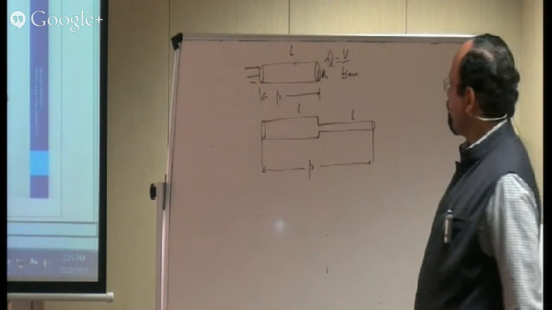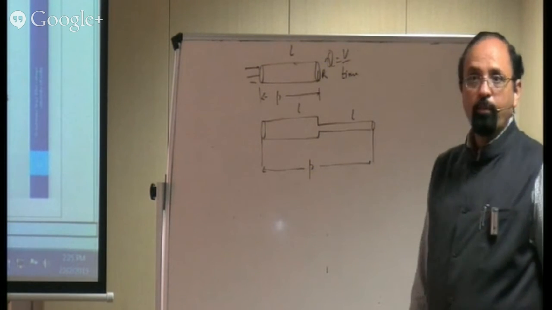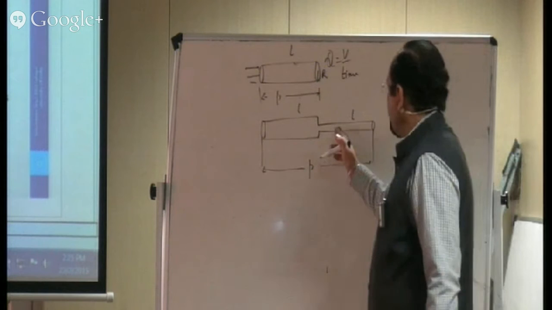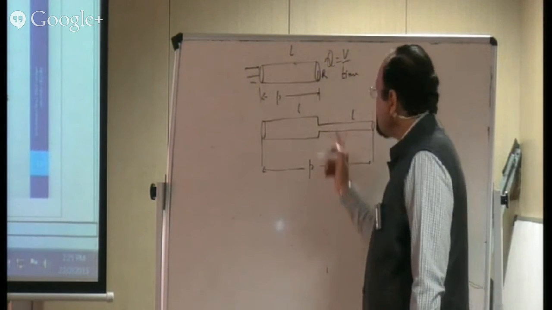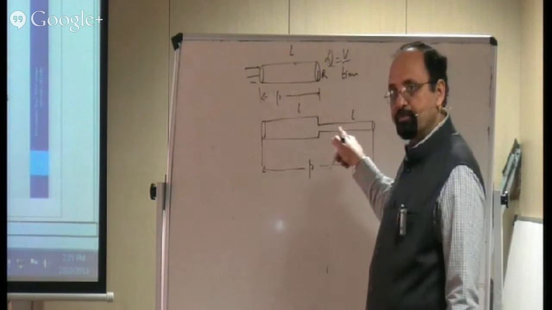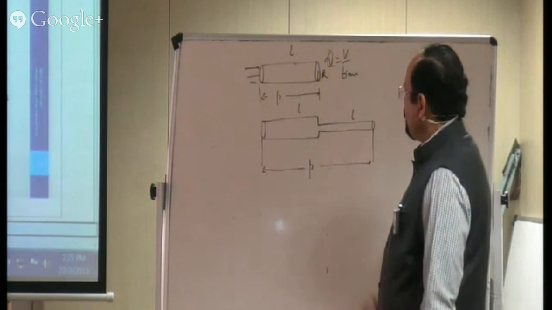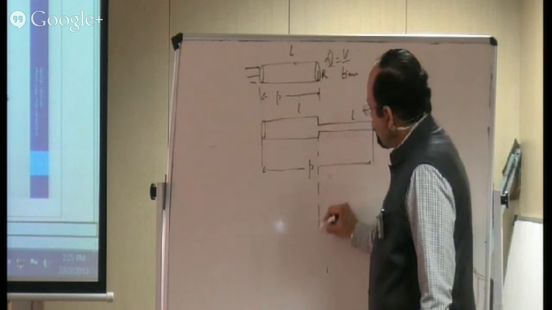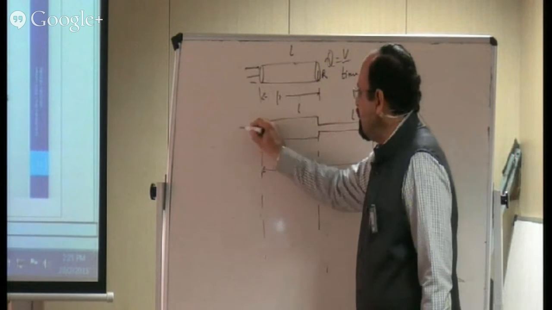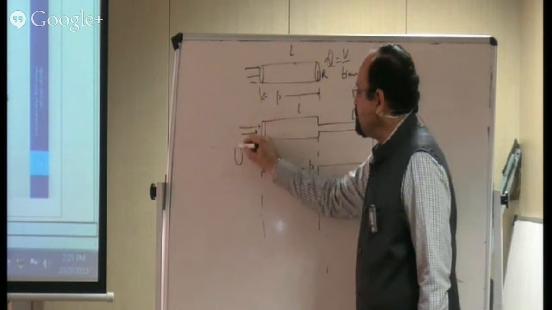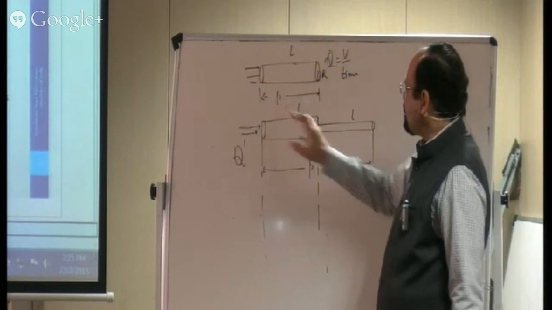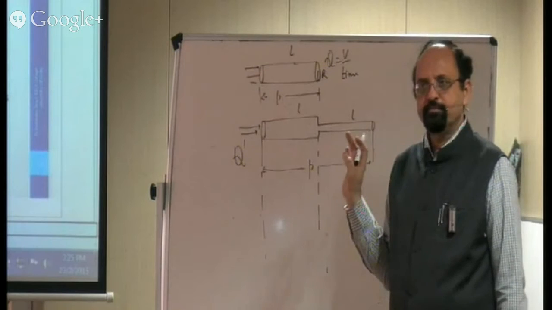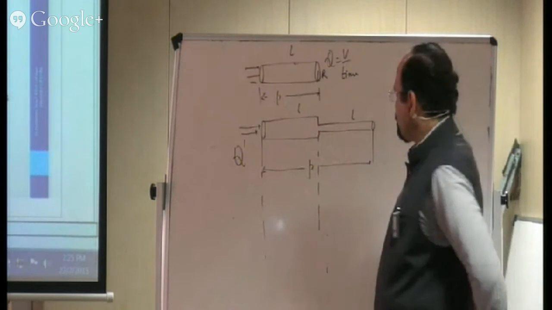How to handle it? I cannot go blindly on what is the radius change in this case, because he is not asking for this, he is asking for the entire combination. See, in series combination, what remains same is the flow. Let me put this as Q dash, which is asked for. Whatever is Q dash in this case, the same is Q through it. Right? This also is required.